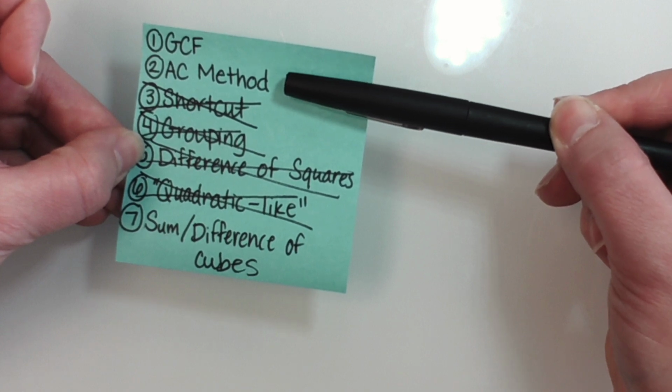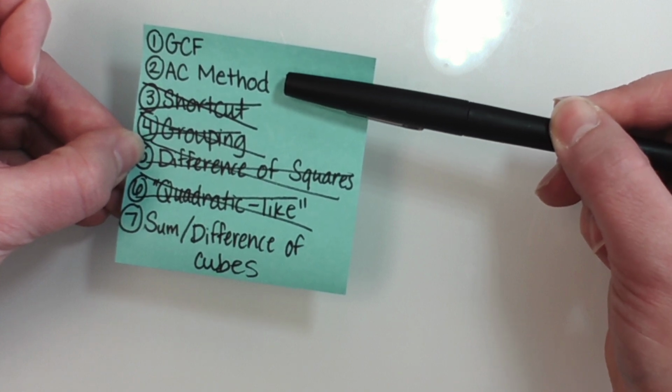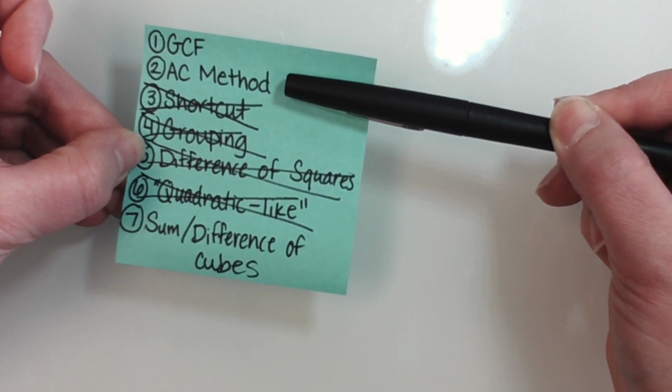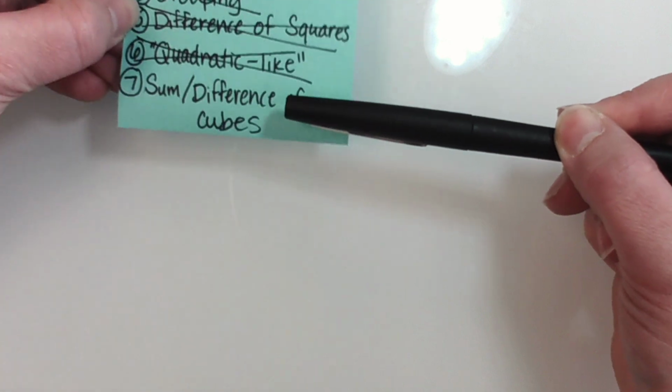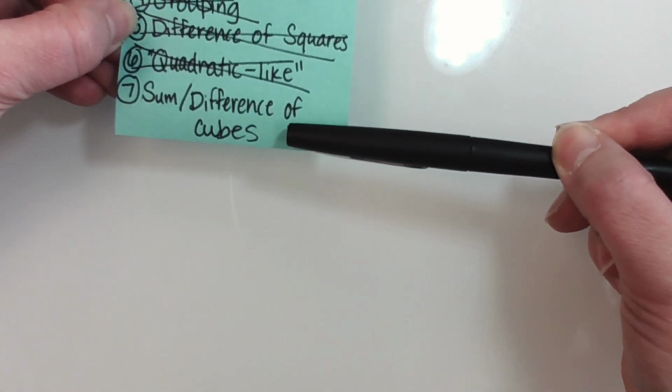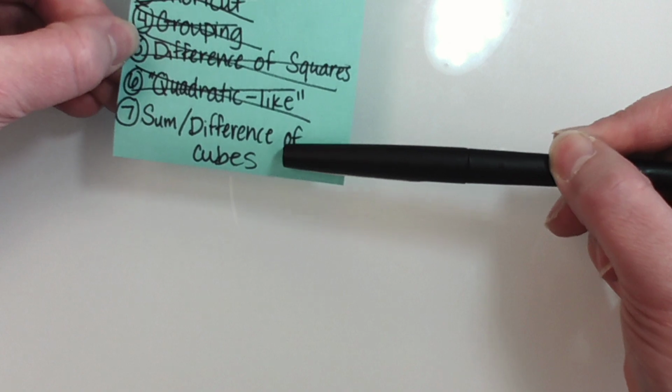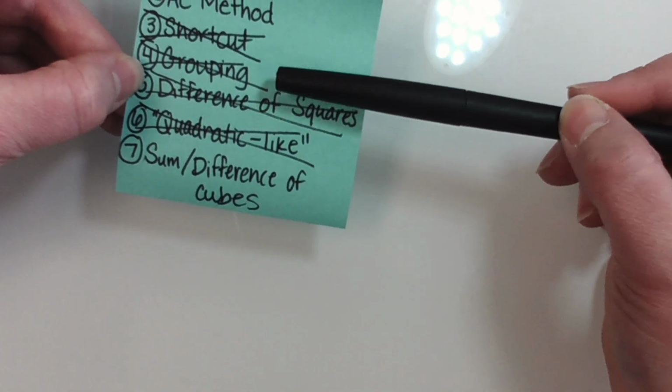In other words, it's an exponent of 2, or the exponents are bigger, but in an ax squared plus bx plus c kind of arrangement. And sum and difference of cubes you do when it's to the power of 3. The only other one that's a little bit oddball is grouping, but when it's got 4 pieces, that's when you're doing grouping, which is that halfway point of the AC method.